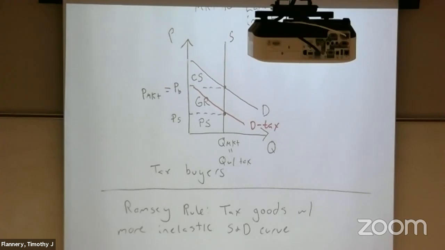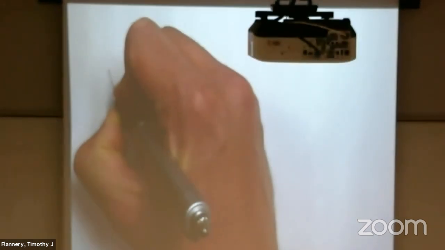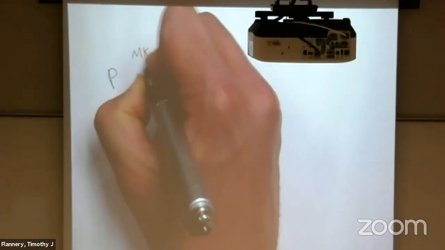So, tax incidence, the Ramsey rule. Now we're going to talk about the relationship between the tax rate and the tax revenue. So draw a really big graph. This is going to be even harder to do this year since I'm not doing it on the board. But this can be any market. It can be the market for cigarettes.